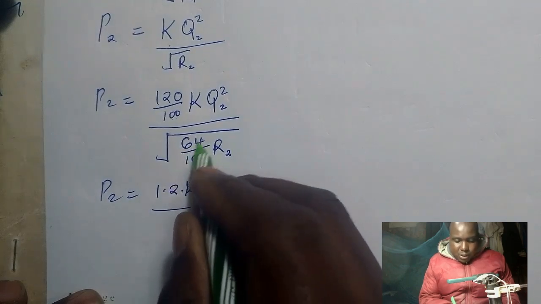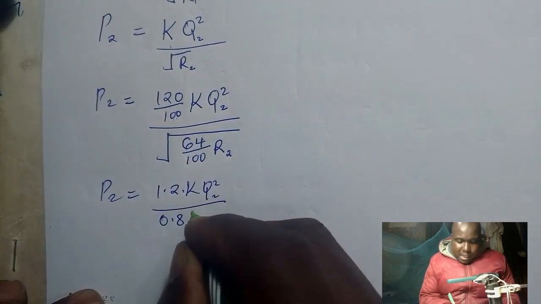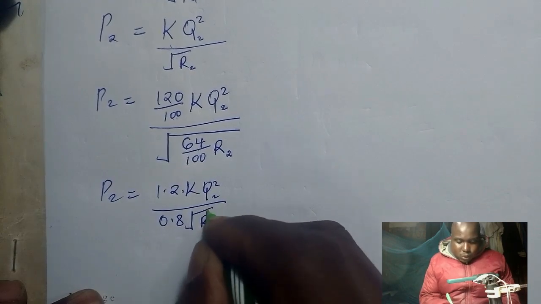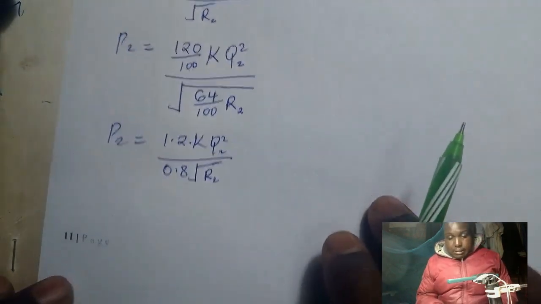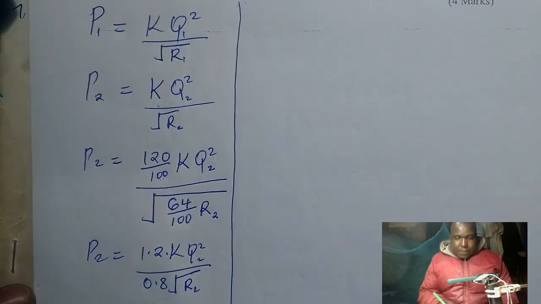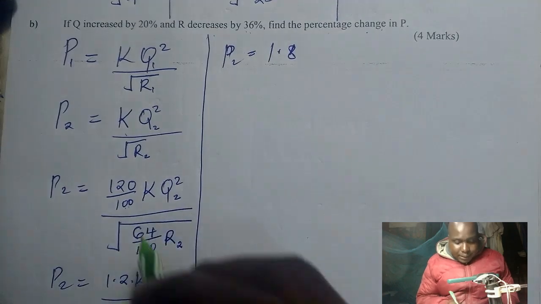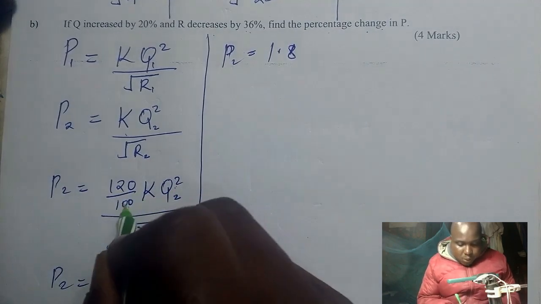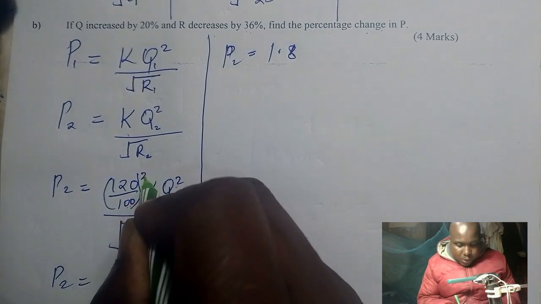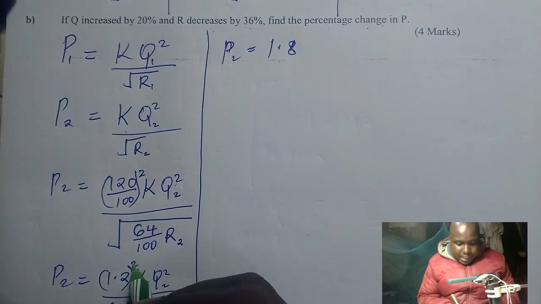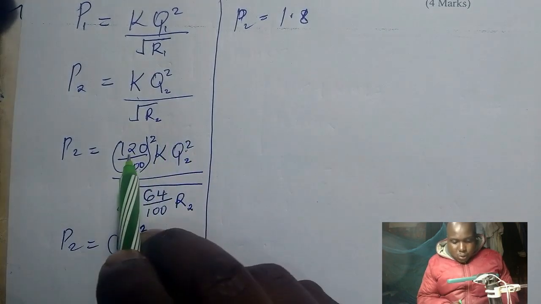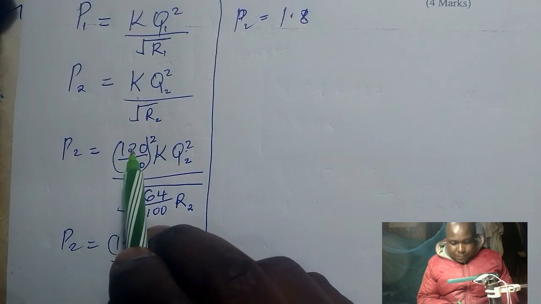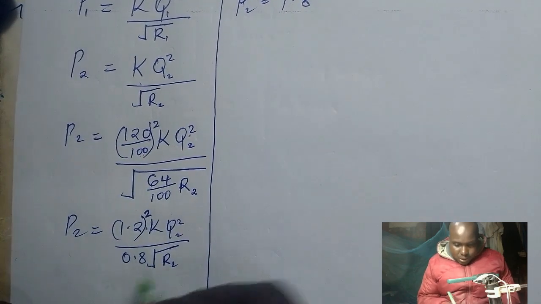This is 0.64, the square root taken is 0.8 square root R2. So just divide the numbers. Remember Q was squared. Therefore, whatever answer we get here should be squared. Please remember that, because this Q was squared, the answer here is going to be squared. So this is one.